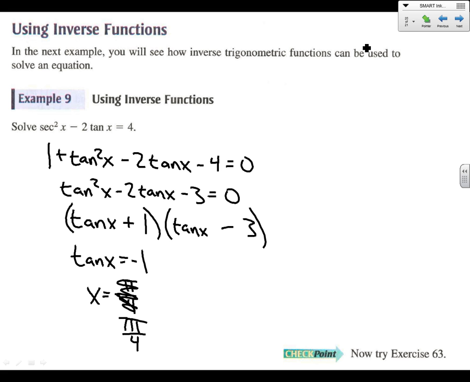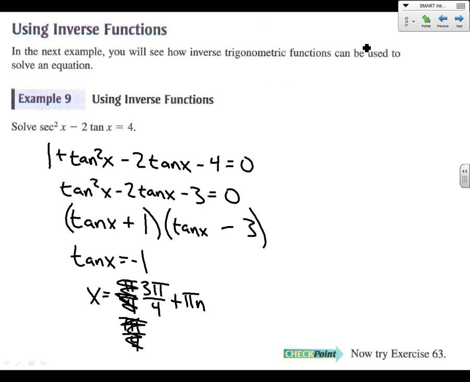At 7 pi over 4, tangent has a negative answer, and actually it would also be in quadrant 2, 3 pi over 4, and we're going to have to put a plus pi n on this. So 3 pi over 4 plus pi n, perfectly fine.